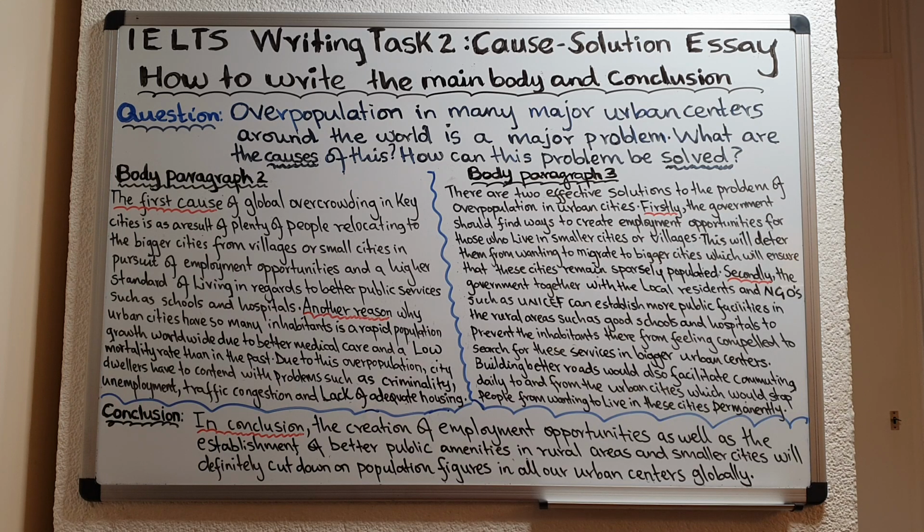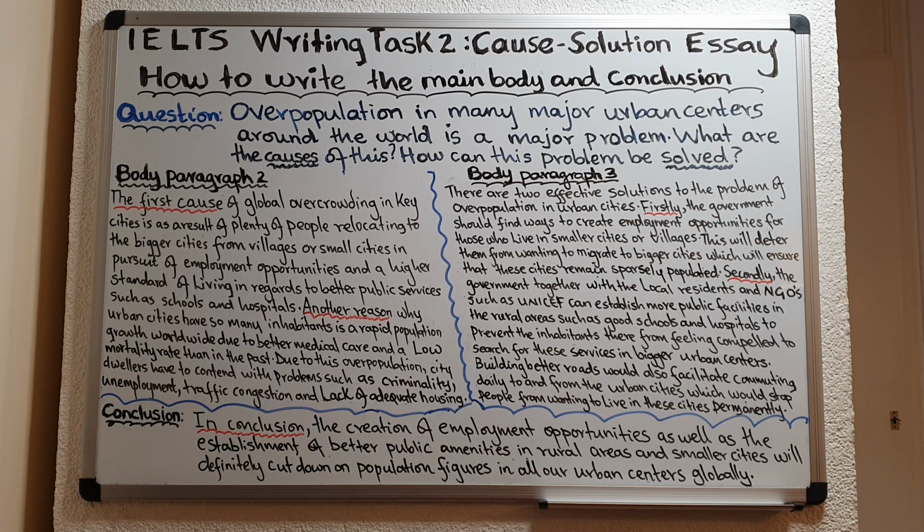So what I have done in body paragraph 2, I have first of all written the first cause of overpopulation. After that, I wrote the second cause of overpopulation. And finally, I wrote the problems that people face in urban cities due to overpopulation. And that is problems such as criminality, unemployment, traffic congestion, and lack of adequate housing.